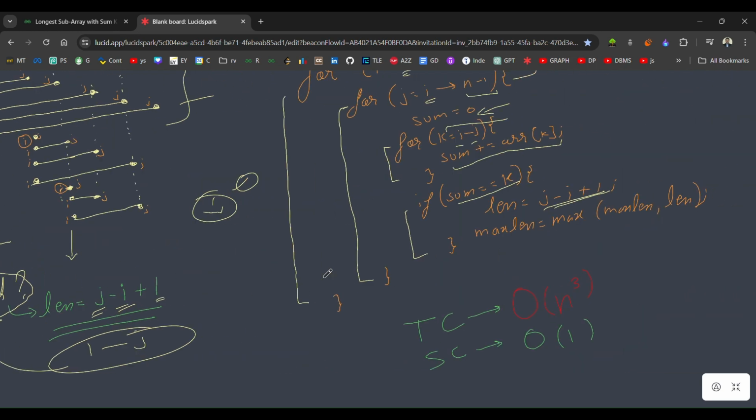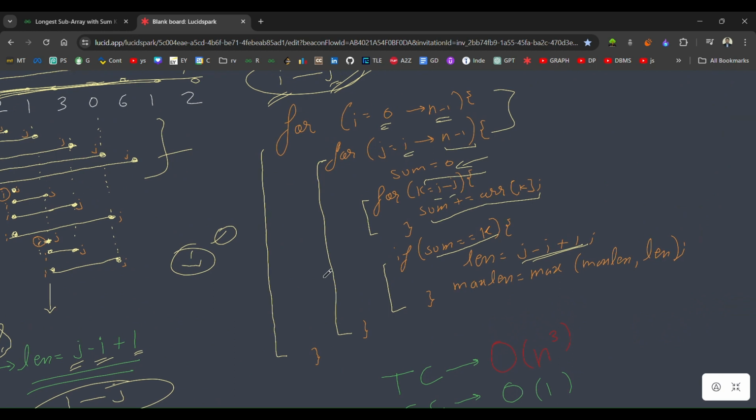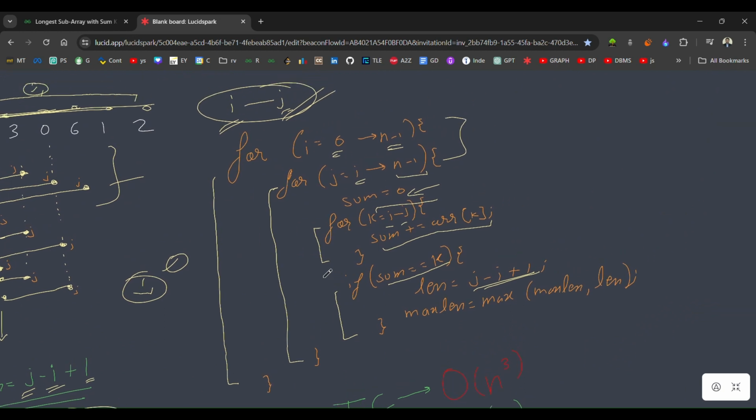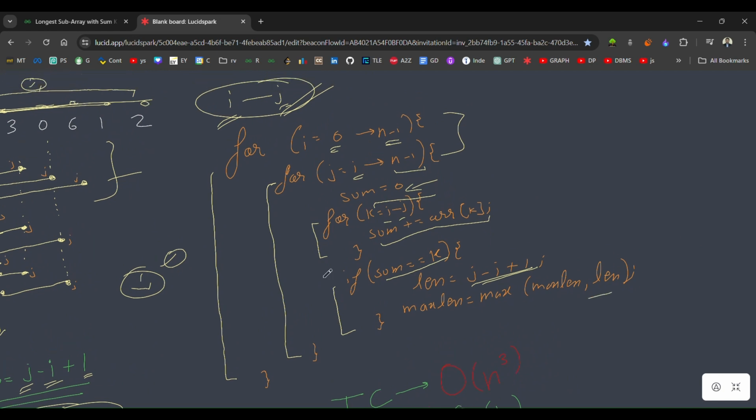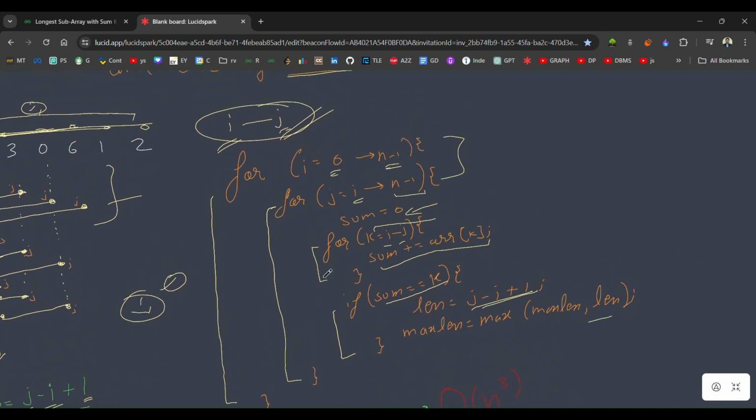So I got the length, but what I need to do, I need to store the maximum of all those lengths, right? So first of all, let's say I'm going to keep a variable, max length, equal to 0, and then I'm comparing, is this length greater than max length or not? If it is, this length will sit on max length, right?